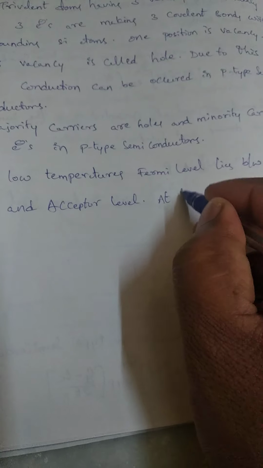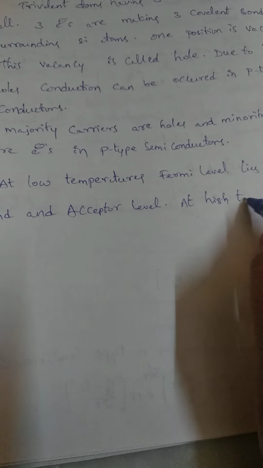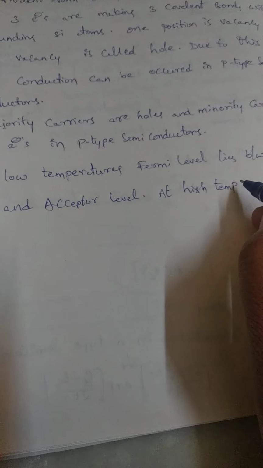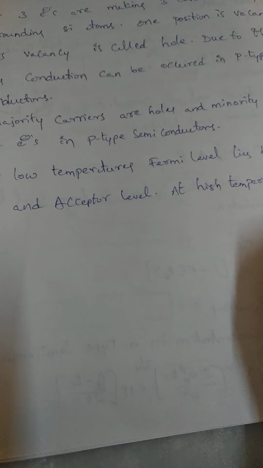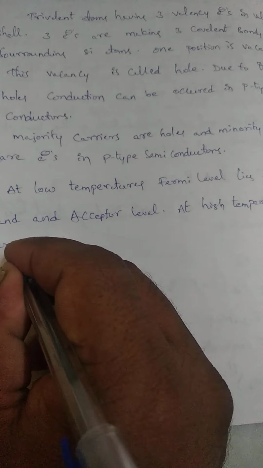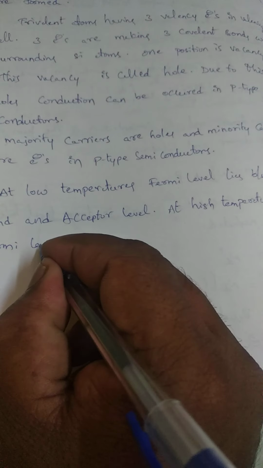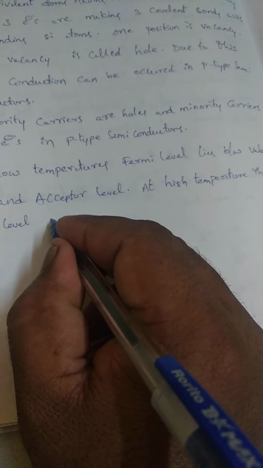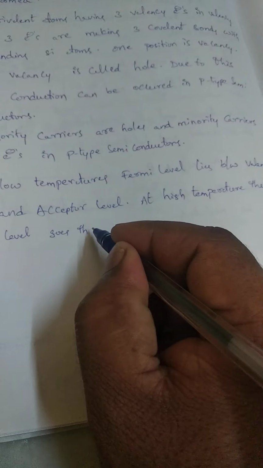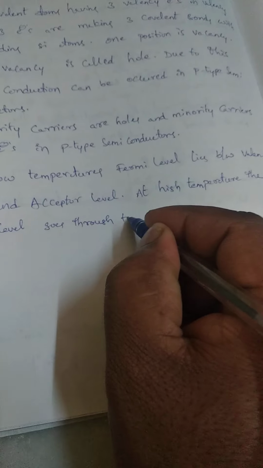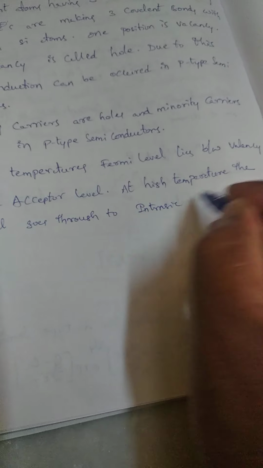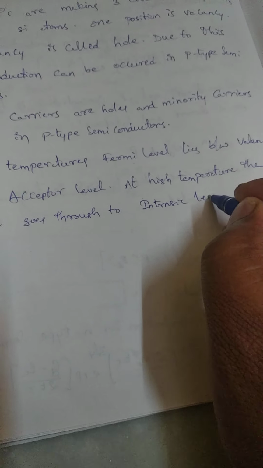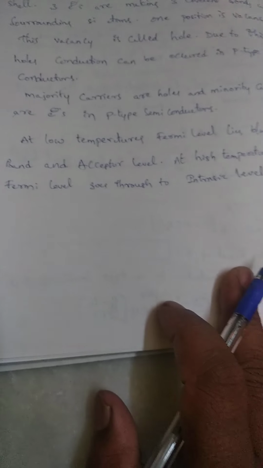At high temperature, the Fermi level goes to the intrinsic level. So this can be explained by using the diagrams.